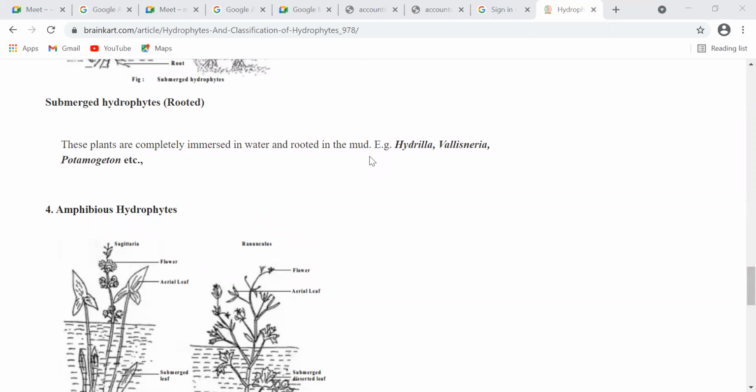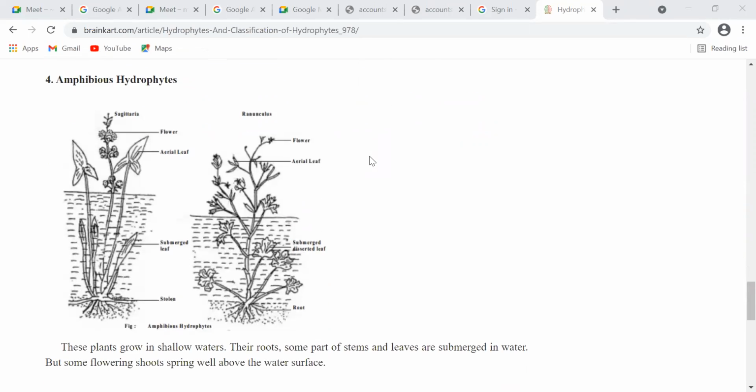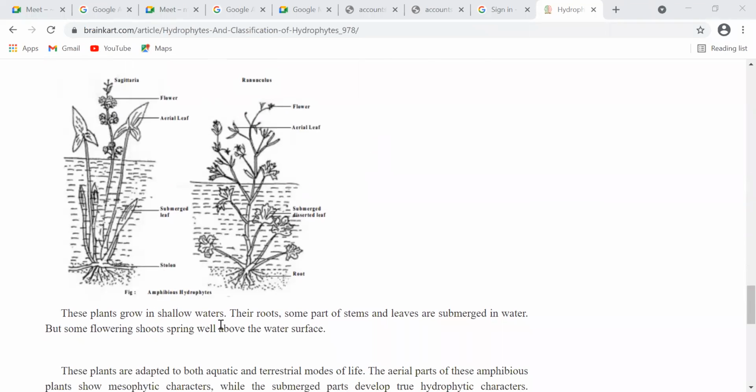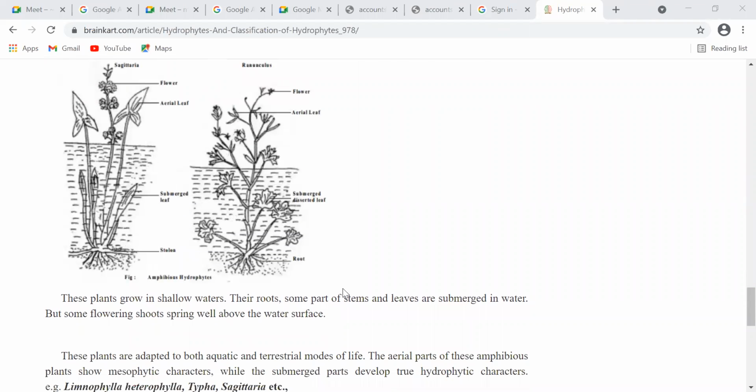Yes, ma'am. Okay. Amphibious hydrophytes. These plants grow in shallow waters. Like amphibians only. That is why they have the name amphibious hydrophytes. Their roots and some part of stems and leaves are submerged in water, but some flowering shoots spring well above the water surface. So they will not be in deep water, they will be at shallow places.